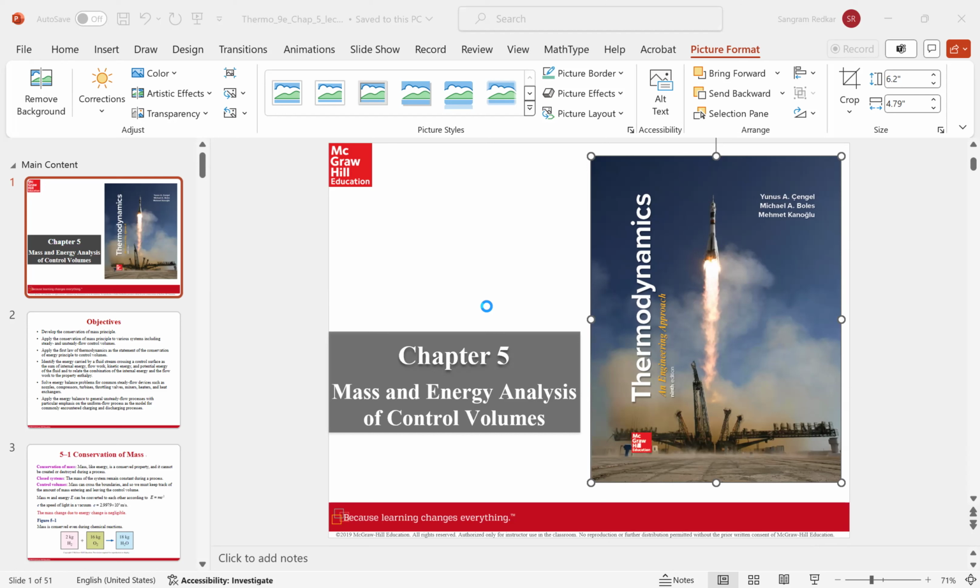Now, this is a very simple example wherein this is a gas turbine, and the gas turbine is a steady flow device. Please try to understand, this is a General Electric turbine. What you have is a compressor, a combustion chamber, and a turbine or the expander.